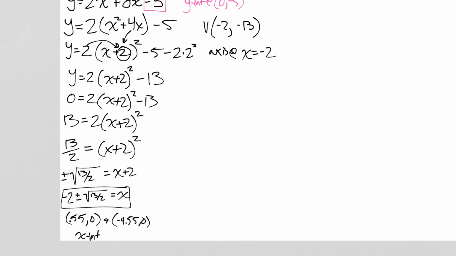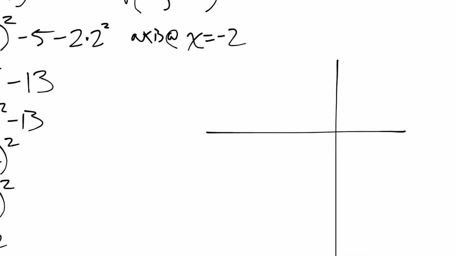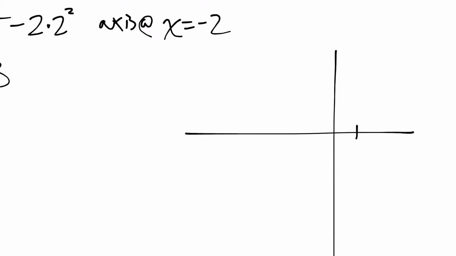So let's go ahead and sketch it in now. Axis of symmetry is at -2, and notice we have a lot of negative values. So we're going to need something like that. Okay. So here's a +1, -1, 2, 3, 4, 5, 6 should do it.